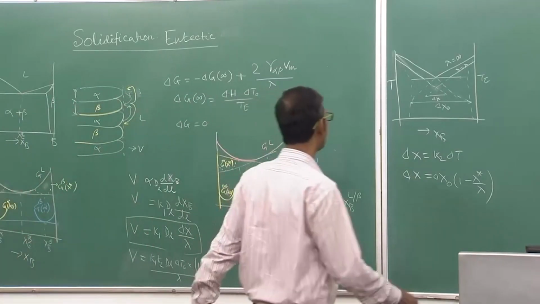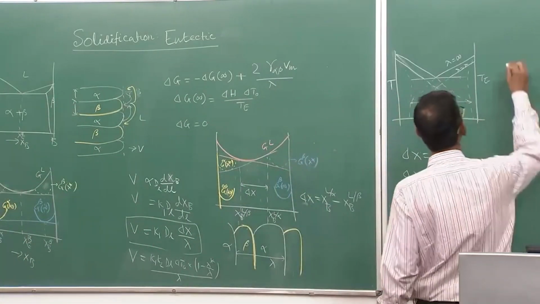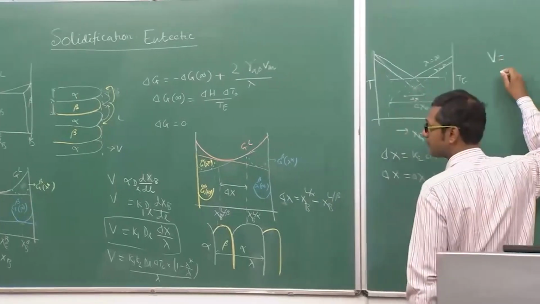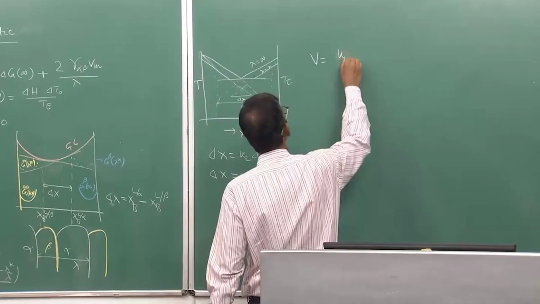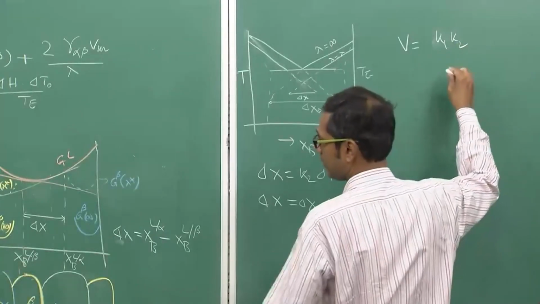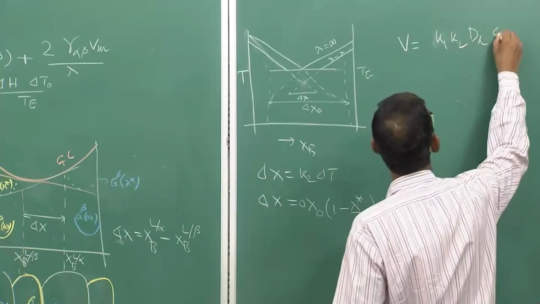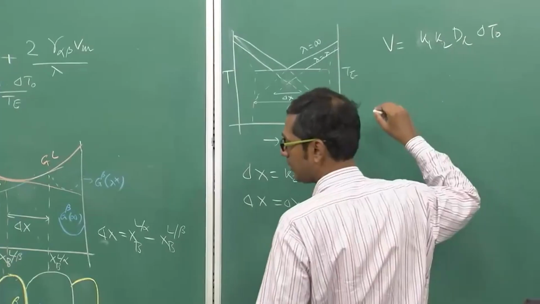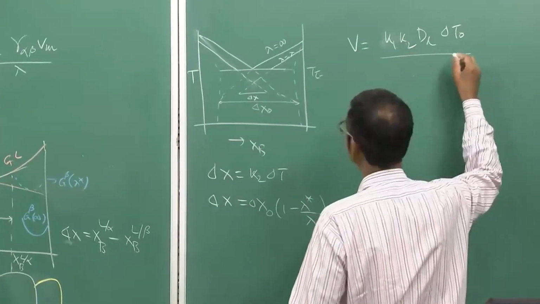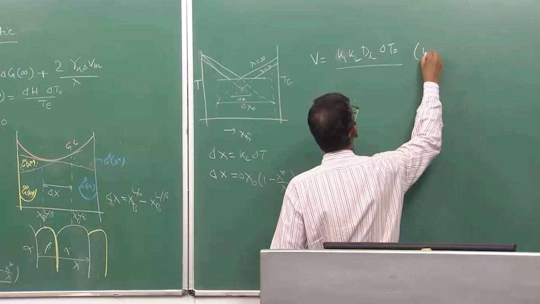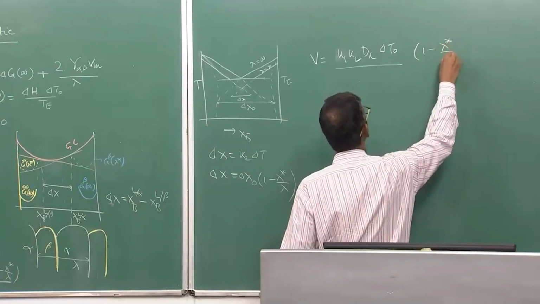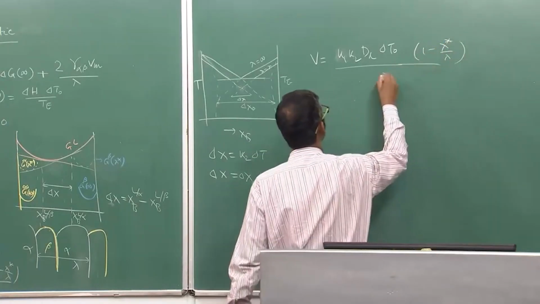If I take the equation from here to there, V is equal to K1 K2 D_l delta T0 times 1 minus lambda star by lambda divided by lambda.